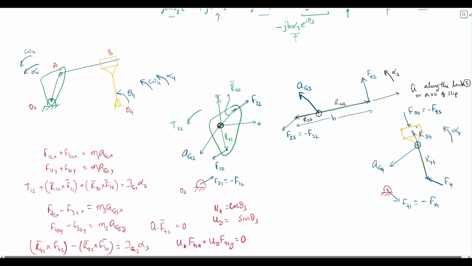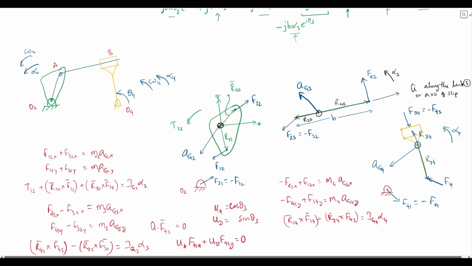In addition, now we have for this F34, or minus F43x plus F14x is M4 AG4x, minus F43y plus F14y is M4 AG4y, and you have R14 crossed with F14 minus R34 crossed with F43 is equal to IG4 alpha 4.